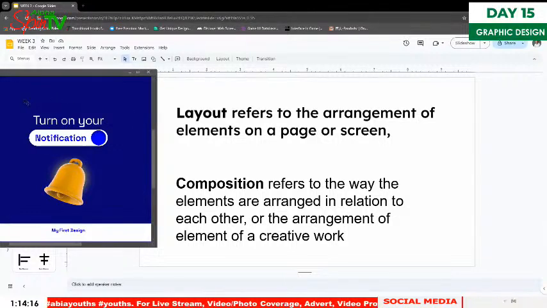We say these are negative space, and these are the negative space here. The positive space is where the object is occupying. That's the positive space. The negative space.